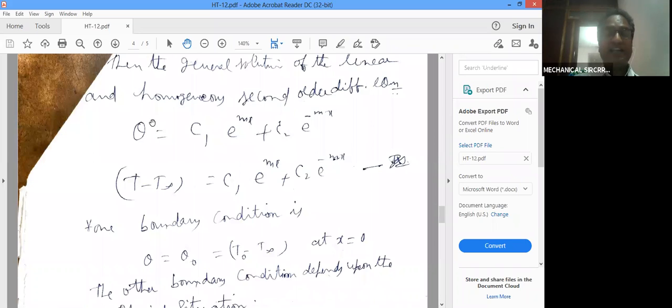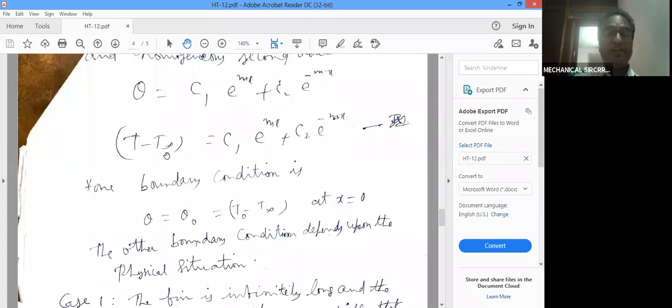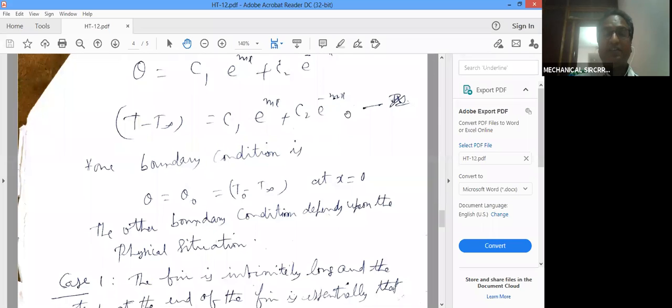What is theta again? T minus T free stream. So we have defined theta as T minus T free stream is equal to C1 e power mx plus C2 e power minus mx. This is the solution for this equation.